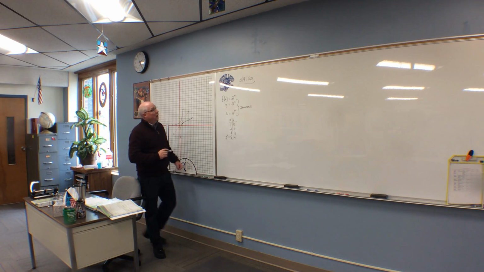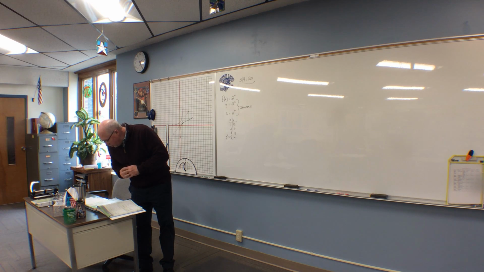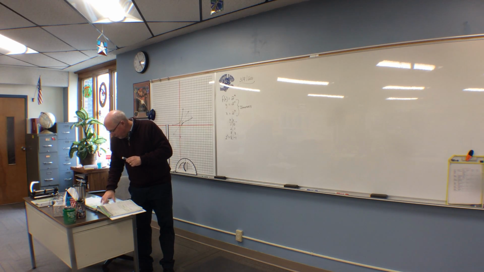All right. Well, if you look on page 397, they show that on there. And it says in x equals b to the y, the variable y is called the logarithm of x, and that's where we're going today.